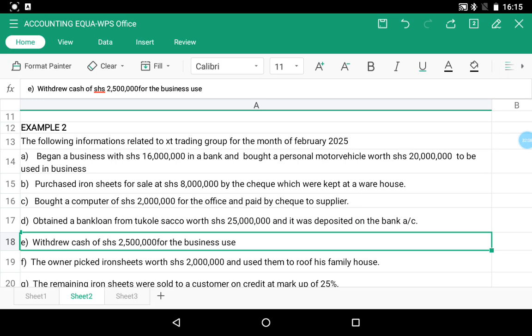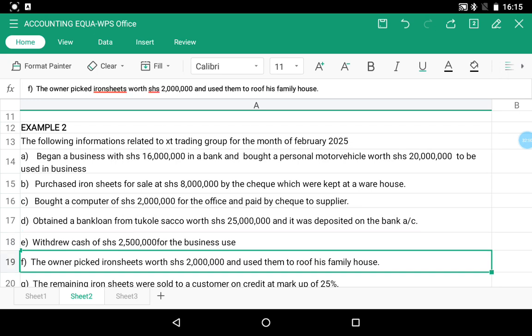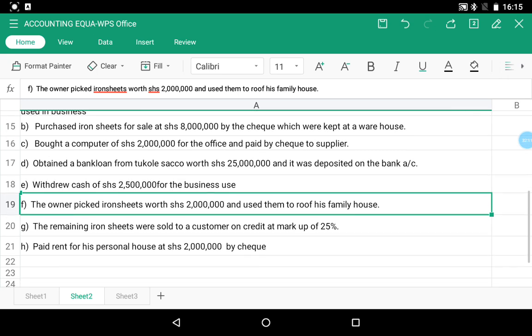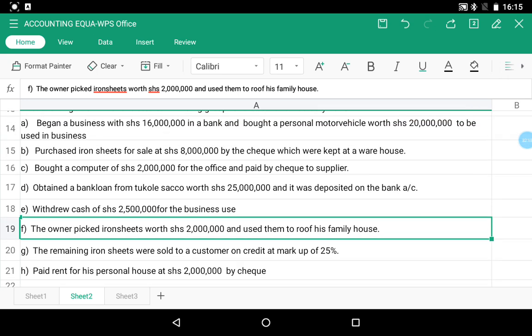Another part is part F. Part F, they have said the owner picked iron sheets worth 2 million and used them to roof his family house. In business, when you take something from business, maybe you take money and say maybe I have bought a vehicle for business, or maybe I have taken something to go and eat at home.